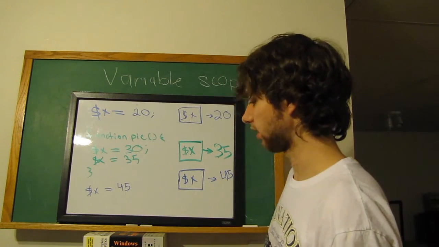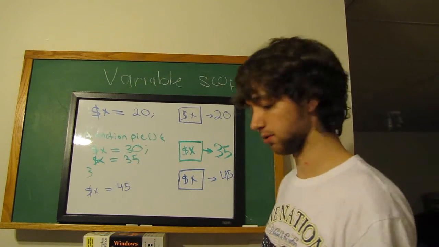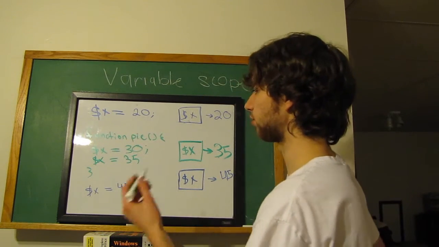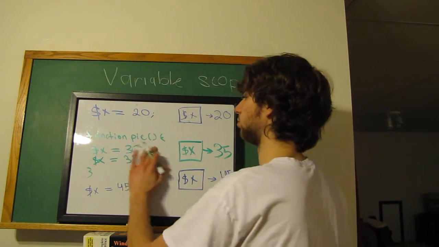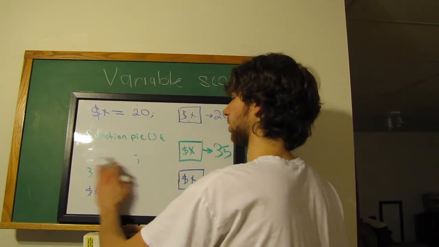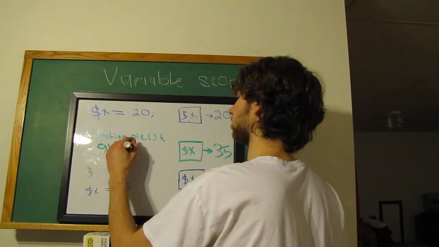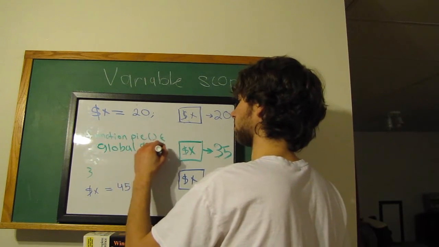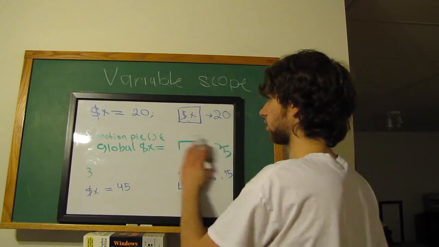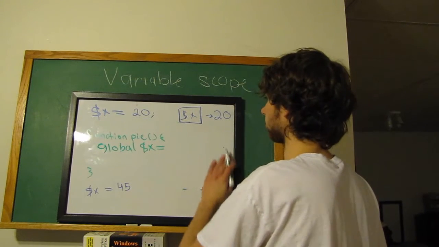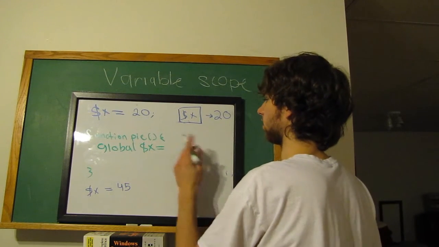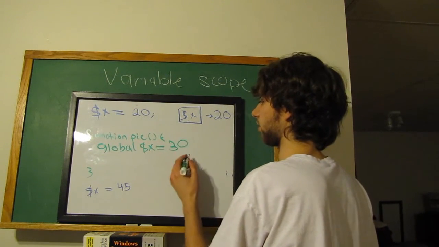This is where the idea of global variables comes in. If we wanted to have it as a global variable, we could, before we define it, use the word global. Oh crap, no. So x is equal to 30.